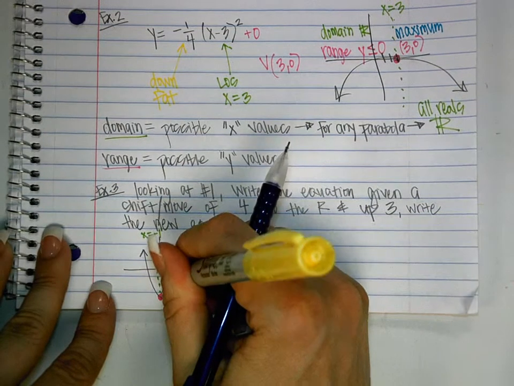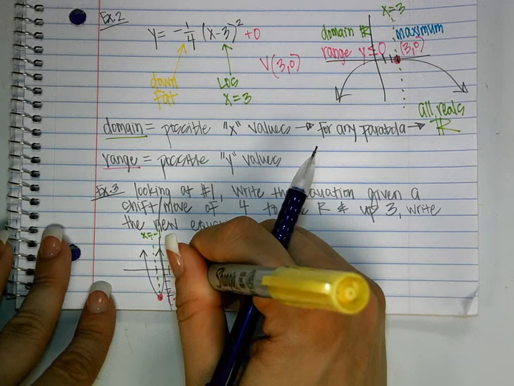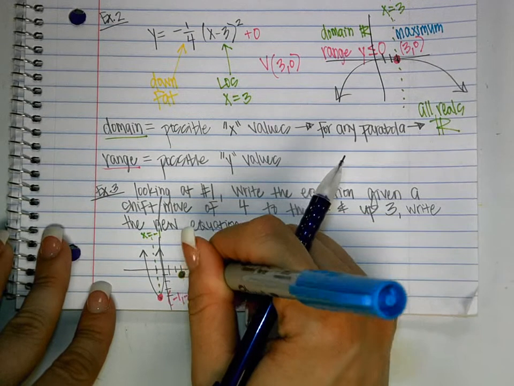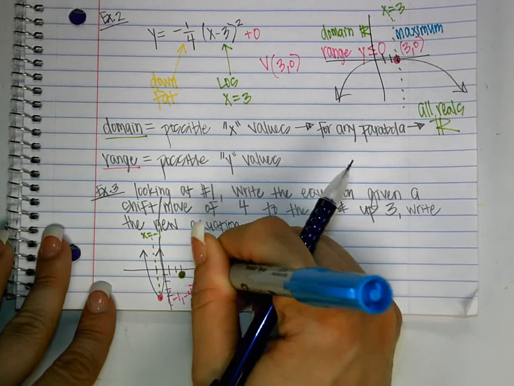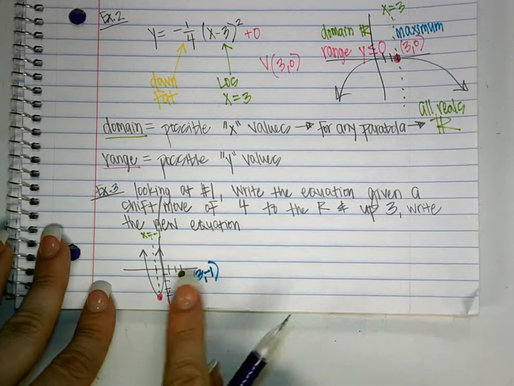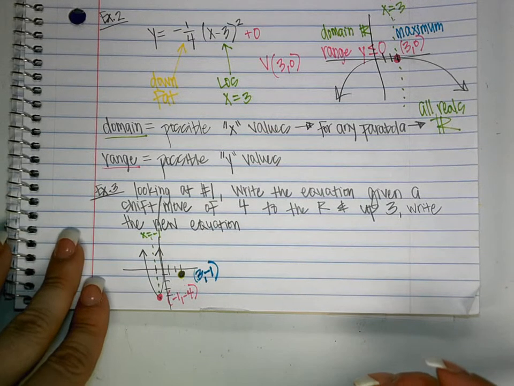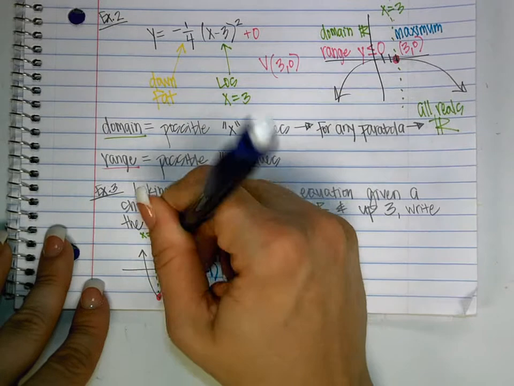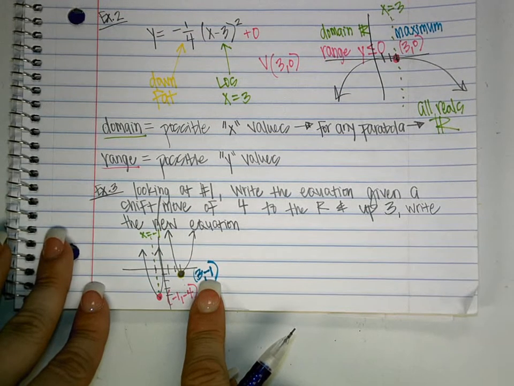If I move right 4 and up 3, my new vertex is at 3, -1. Now, do you think it's going to change anything about the shape? No, it's still going to be skinny, and it's going to be going up. So the only thing that you need to be concerned with is the new vertex.